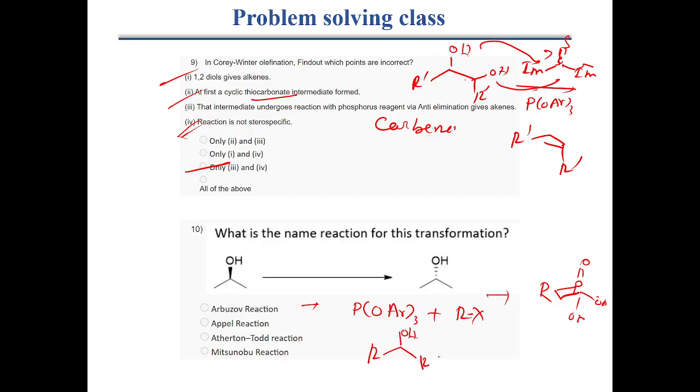This, with halide or CBr4 or any kind of iodine, will give the halide product. So inversion also happens in the Appel reaction. Only in the Mitsunobu reaction will we get the inversion of stereochemistry. If we use water as a nucleophile here, we'll get the inversion of stereochemistry. So the Mitsunobu reaction is the right answer.